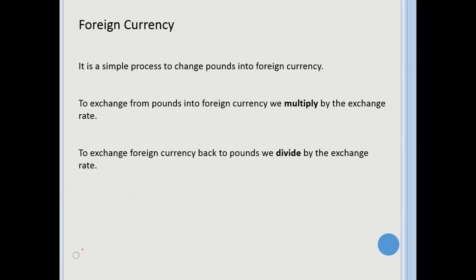So we multiply if we're changing into foreign currency. To exchange foreign currency back into pounds, we divide by the exchange rate. So it's very important that you remember this. Pounds to foreign, multiply. Foreign to pounds, divide.